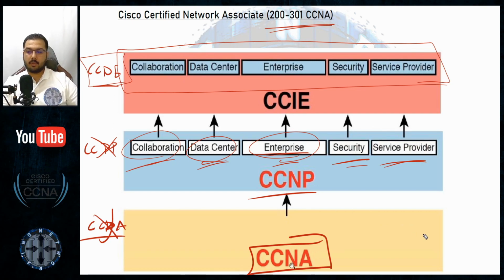And another exception rule that Cisco did not include in this chart is that there is not only one single CCNA. There are a couple more associate exams, not NAs, not CCNAs, because the N letter here is case sensitive. N refers to network.